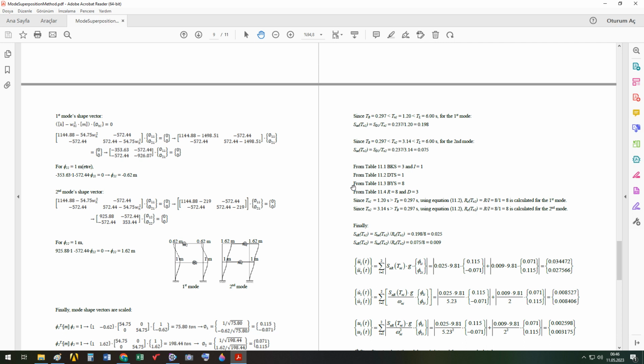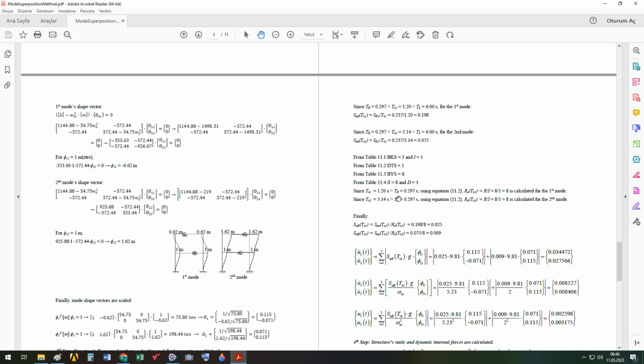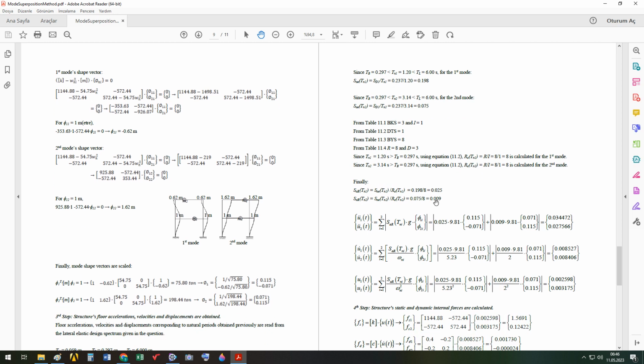Okay, these are for Turkish engineers. These values are taken from Turkish standards to calculate the reduction factor of maximum floor accelerations. The maximum floor acceleration reduction factors result in 8 for each mode. And then using the reduction factors, I calculate the reduced values of maximum floor accelerations.